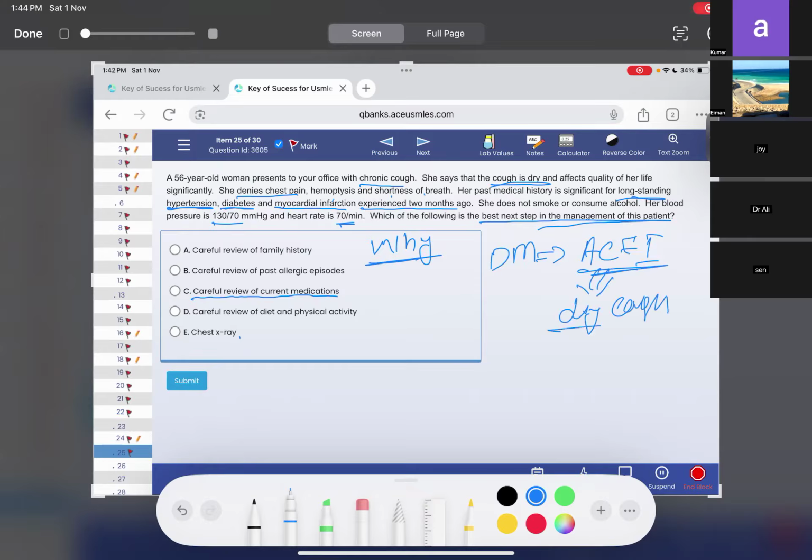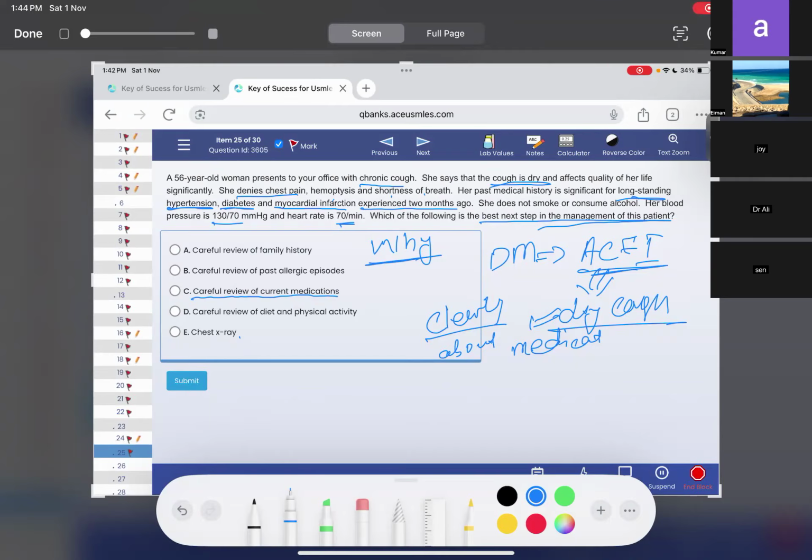So we have to clarify about her medications, whether she is using any type of ACE inhibitor or not, because dry cough is one of the side effects of ACE inhibitor and she is presented with chronic cough.